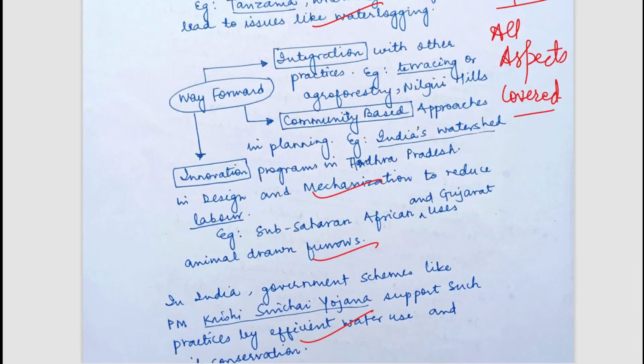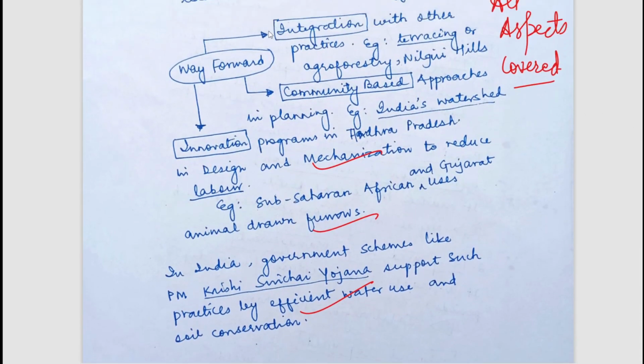Way forwards have also been mentioned, such as integration with other practices and community based approaches, so that the whole community comes forward for developing these furrows. Innovations can be done, and you can see in every point examples have been very nicely mentioned, so that makes the answer very beautiful. So please do read these answers in detail, that will be very helpful to you.